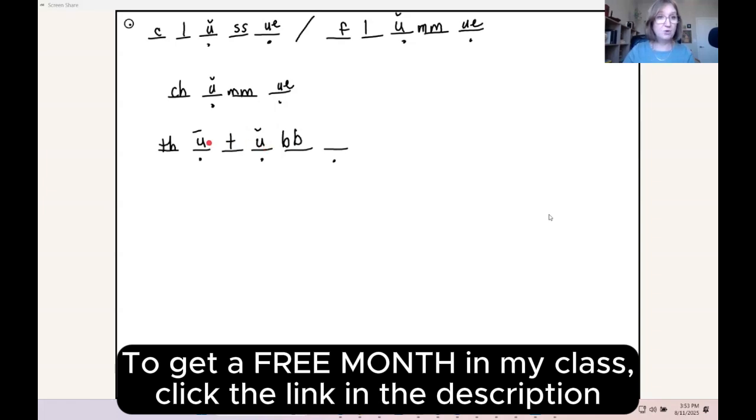So this one can say oo because there's only 1 consonant after it. This one can say its short sound because there are 2 consonants. Long, short. 1 consonant after the long, 2 consonants after the short. Now, thu taboo. You know that U at the end of a longer word is spelled UE.